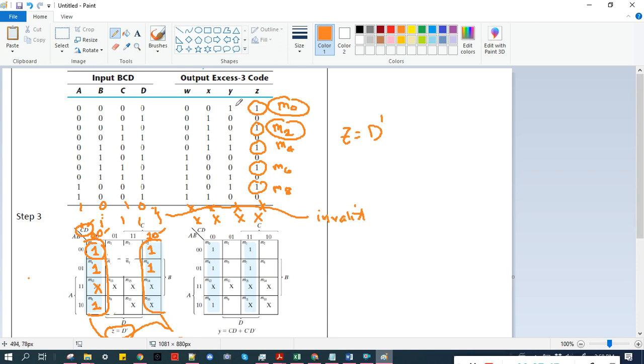For Y, this is minterm 0. So right here, 1, minterm 0, then 1, 2, 3, then 4, that's minterm 4, 5, 6, 7, 8, then 4, 5, 6, 7, then 8.